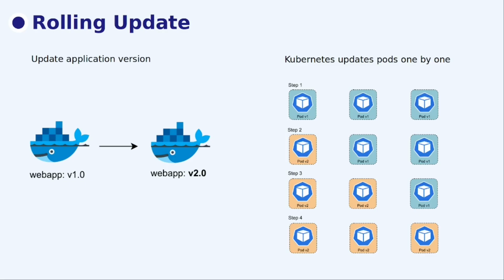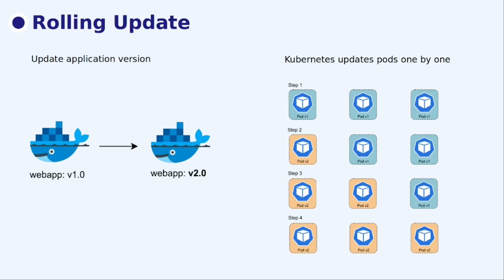This means Kubernetes updates the pods gradually, one by one. For example, an old pod running version 1 will be replaced by a new pod running version 2. So the process looks like this. While the new pods are being created, the remaining pods continue running and serving users.